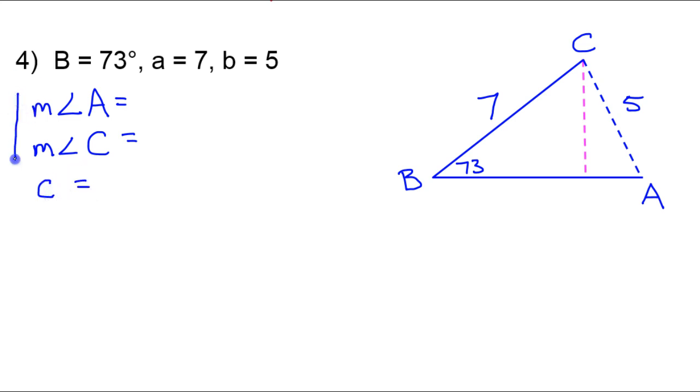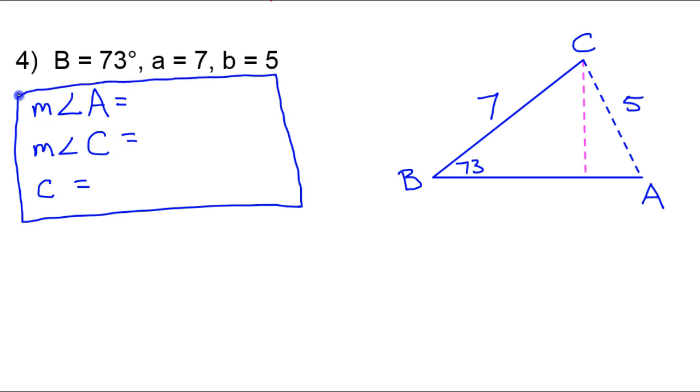Assuming there is a triangle that we can make at all, these are the three values that we're going to need. First thing we have to do is figure out whether we can make a triangle at all. To figure that out, we need to find the height of the triangle, so we can see if this swing side will even reach the ground. If this is the height, I'm just going to call this H for height.